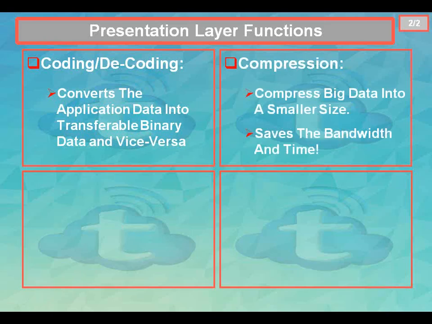Compression. Compressing big data into a smaller size is going to save your bandwidth. That means first the data is taken from the application and converted into binary. Say you have generated 4 lakh bytes of data. Now the total data available is 4 lakh bytes. What is the next activity the presentation layer will take up? Compression.